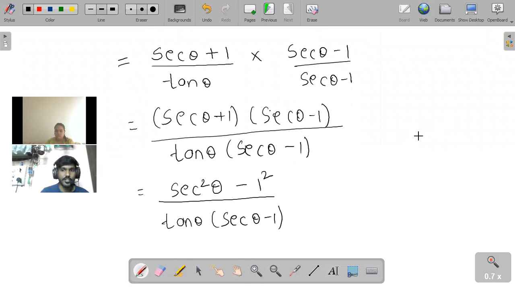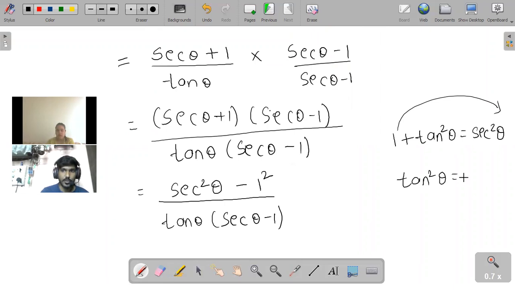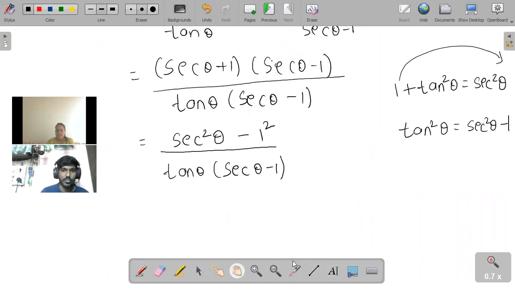Now you know the second trigonometric identity, 1 plus tan square theta is equal to sec square theta. Take plus 1 to the other side, so this will become tan square theta is equal to sec square theta minus 1. So you know what the numerator will change to now.